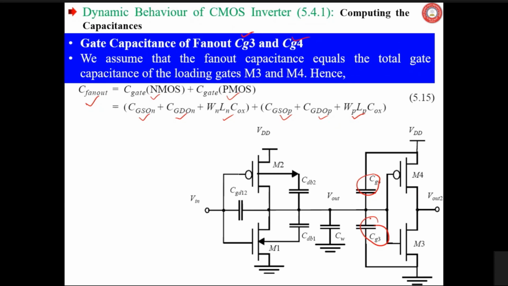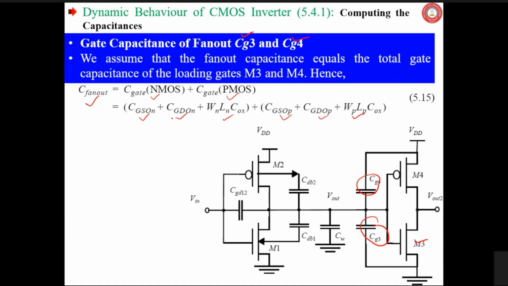or all the capacitances that contribute to CL. Actually CL as such does not exist itself, it is due to these capacitances. So the fanout capacitance C fanout is C gate of NMOS, I mean this one CG3, and C gate of PMOS.